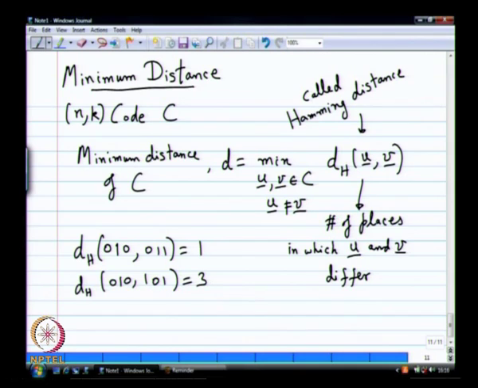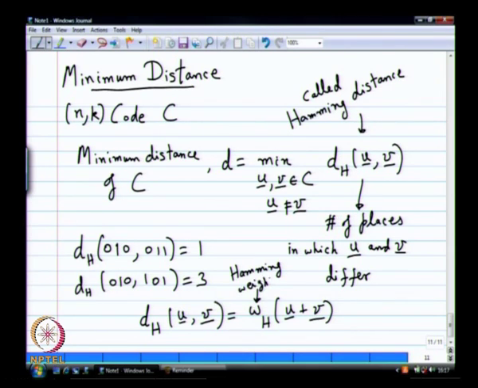One relationship which is very useful for Hamming distance is the following: dh of u comma v is the same as what is called the Hamming weight of u plus v. What is wh now? To define what wh is, this is called the Hamming weight. The Hamming weight is slightly simpler than the distance.